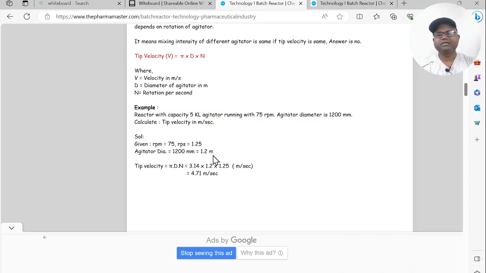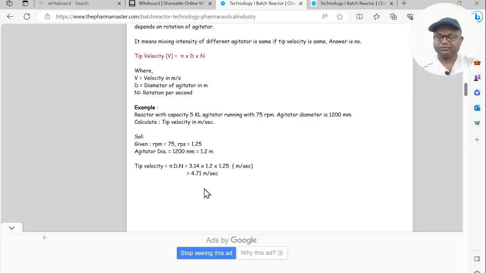Now it has to be converted into meter, so divide by 1000, which gives 1.2 meter. Now the formula is pi D N, so pi is 3.14, D is 1.2, and N is 1.25, so it gives the answer 4.71 meter per second.